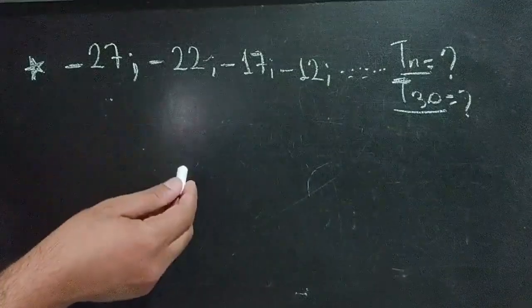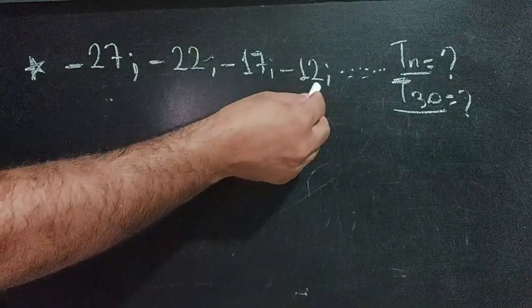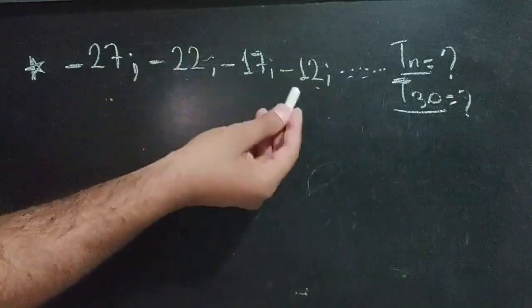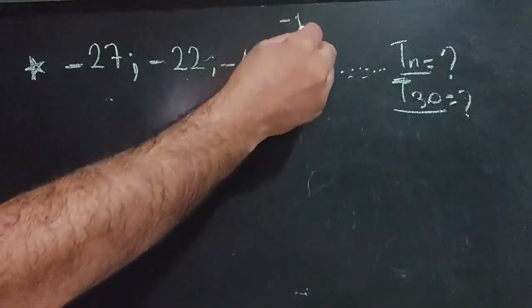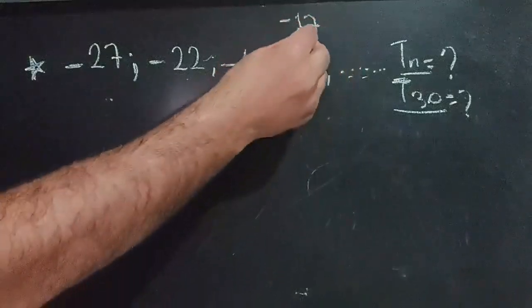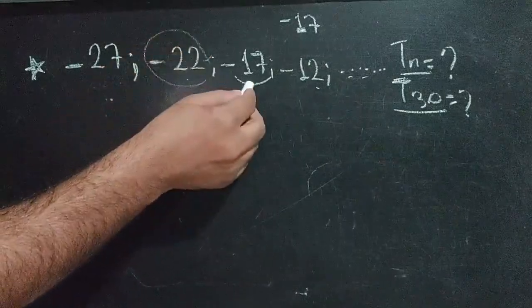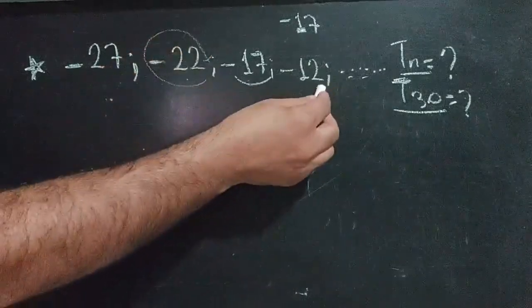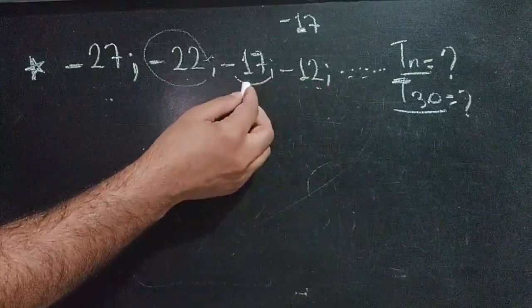If you are confused about what the constant difference is, just take any number from the pattern, let's say negative 17, and subtract the previous number from this number. Any of them, if you choose this, you are going to say negative 12 minus negative 17.